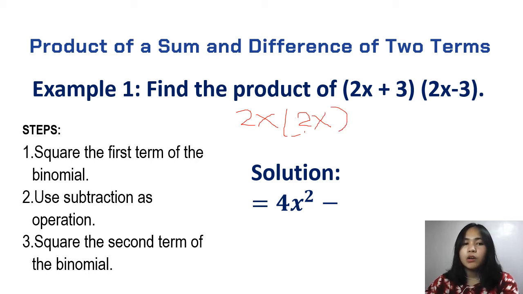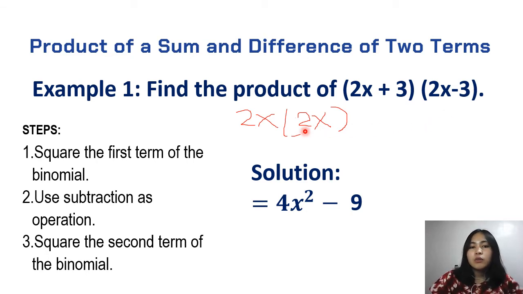Now, for our second step, use subtraction as our operation. That's why we use minus here. And now, for our second term, we square it. So, 3 squared becomes 9, because 3 times 3 is 9. So, remember this in finding the product of sum and difference of two terms.